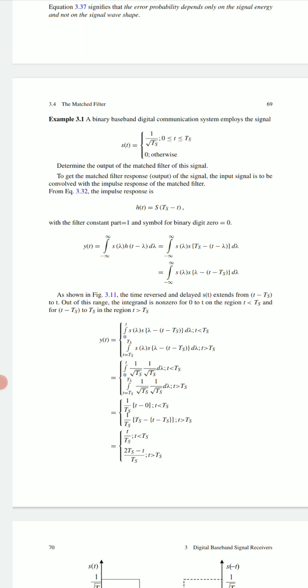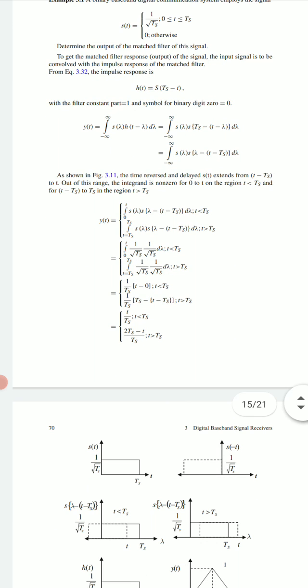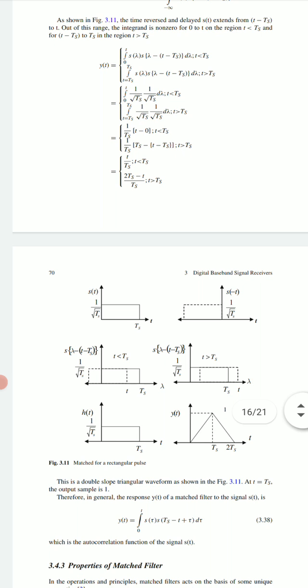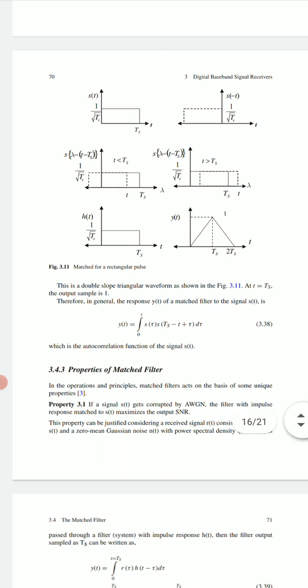If you solve here, you will get y(t) equal to t upon Ts if t is less than Ts, and you will get y(t) equal to (2Ts minus t) upon Ts if t is greater than Ts. You are supposed to draw this waveform, the matched filter output for the rectangular pulse.